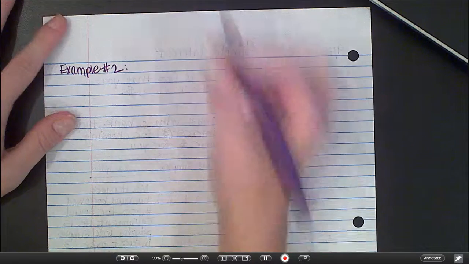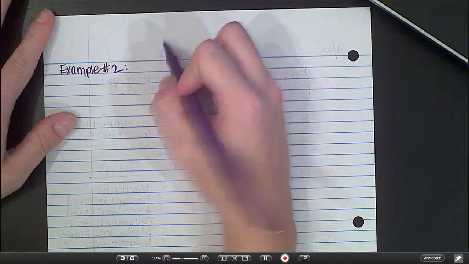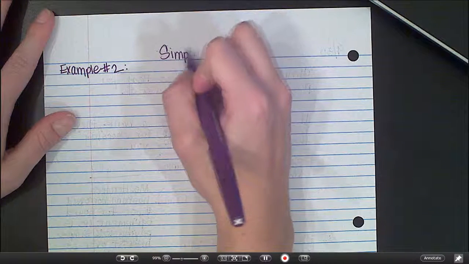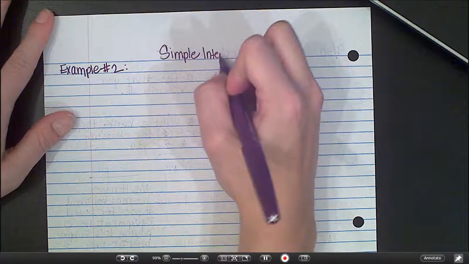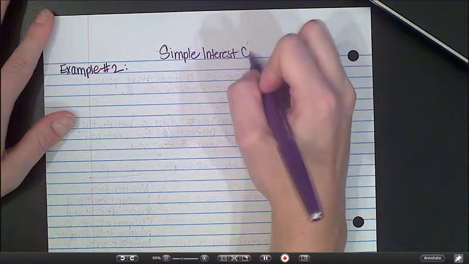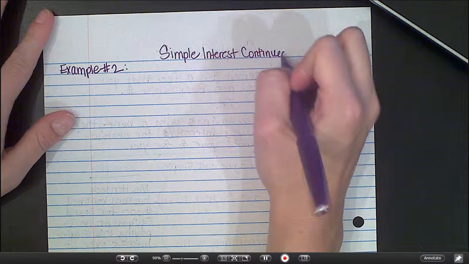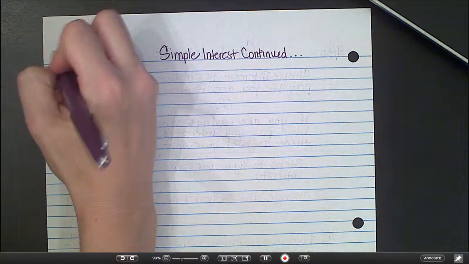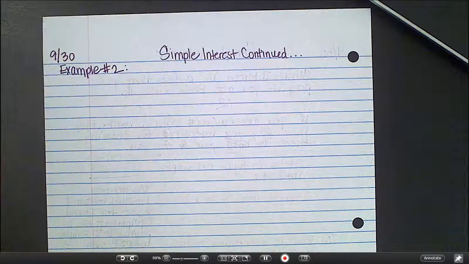Let's go ahead and just carry on our title here. Simple interest. And I always put continued, since we're continuing. We're still on the same date, 9:30. Simple interest continued.